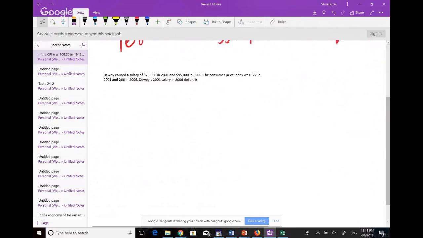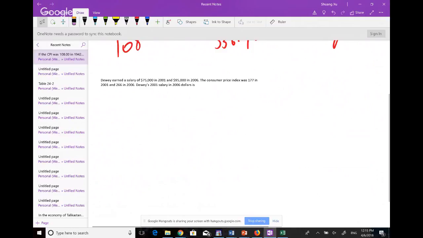Okay, all right, let's try this one too. So salary was 75,000 in 2001, 95,000 in 2006. The consumer price index was 177 in 2001, 266 in 2006. Then his 2001 salary, how much is it in 2006 value? Which means we're gonna take the 75,000, inflate it to 2006, and see how much that is.